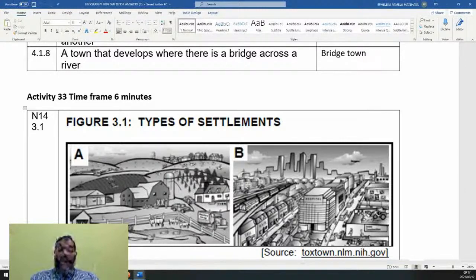There are cattle, there's cultivated lands, everything in neat rows, there's farming taking place, I can see a silo, and in picture number B, we are inside the city. I can see the tall buildings, I can see the trains, the infrastructure, roads, etc. So this is going to be some sort of comparison between rural and urban questions.